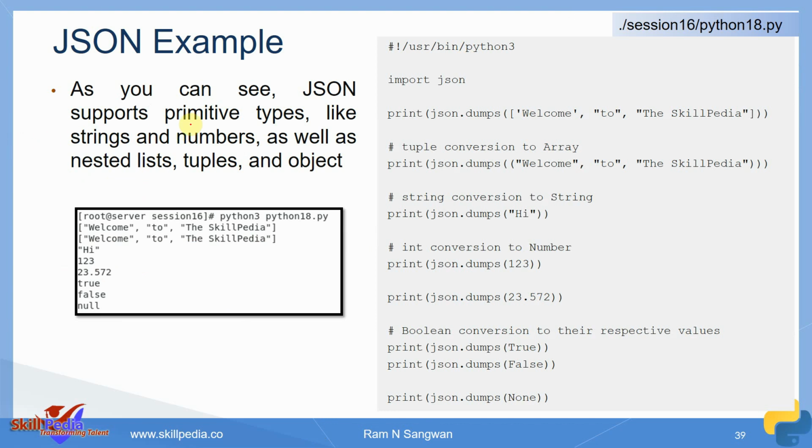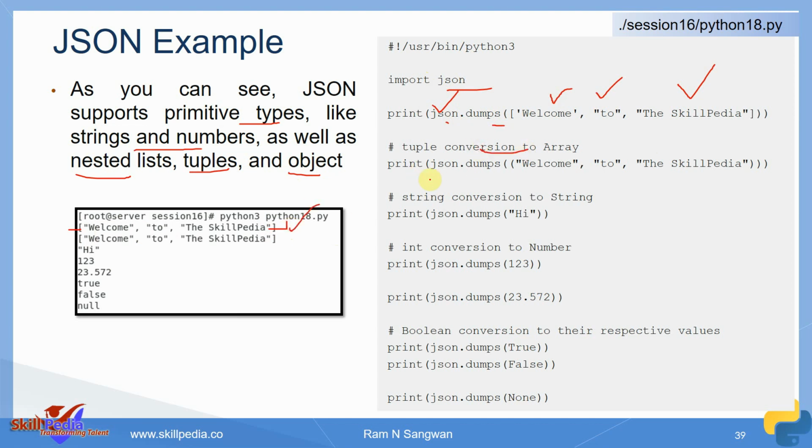As you can see, JSON supports primitive types like strings and numbers, as well as nested lists, nested tuples and objects. Now here you will see the examples. Import json, print json.dumps, welcome to the Skillpedia. So you will see an individual element, welcome to the Skillpedia, this is supported. It means json.dumps supports the list type.